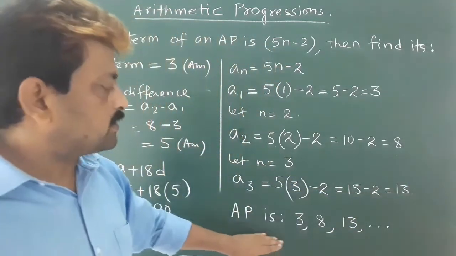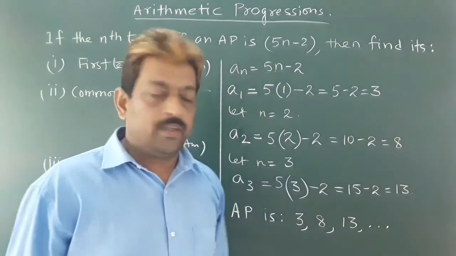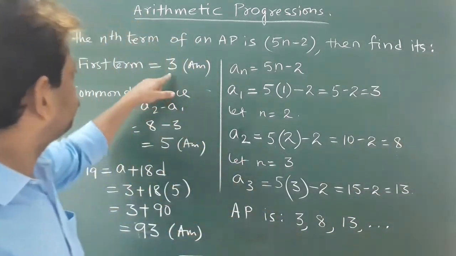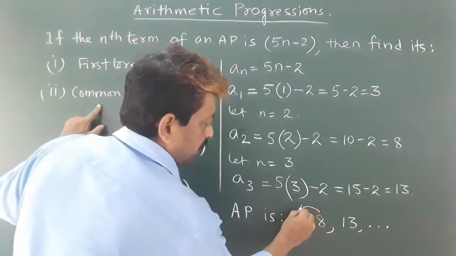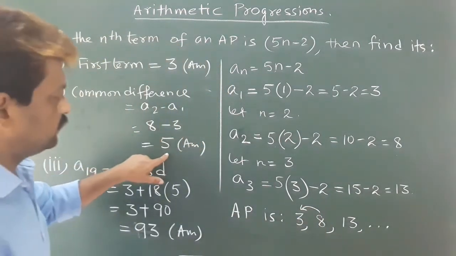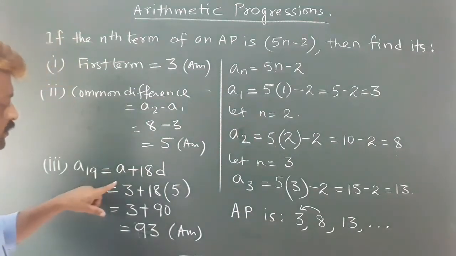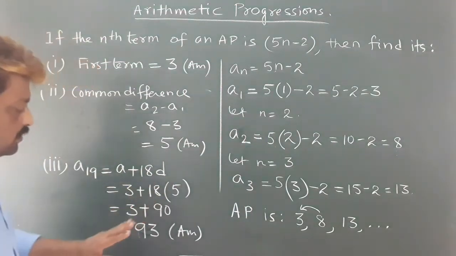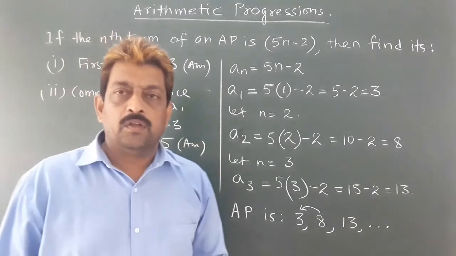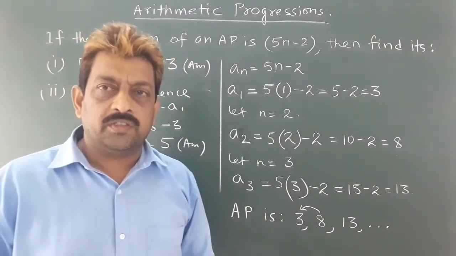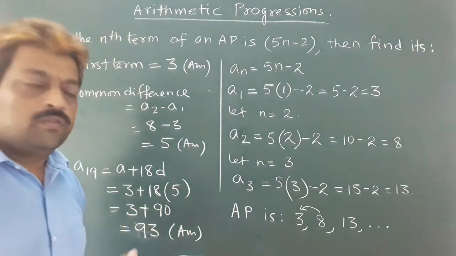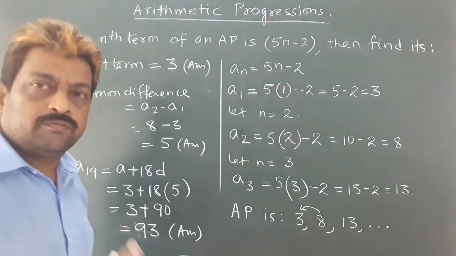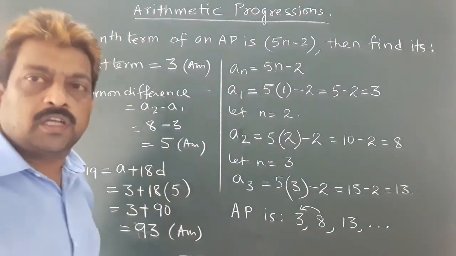So I have got the AP as 3, 8, 13. Common difference is a2 minus a1, 8 minus 3, that is 5, and the 19th term is a plus 18d, so it is 93. Okay, so isn't it very easy question? Yes. So in this way we can apply our basic knowledge to solve this type of sum.